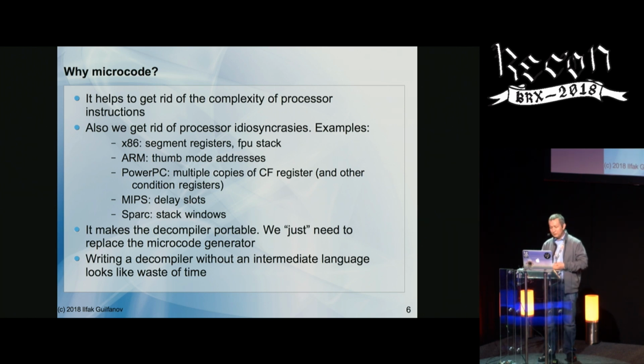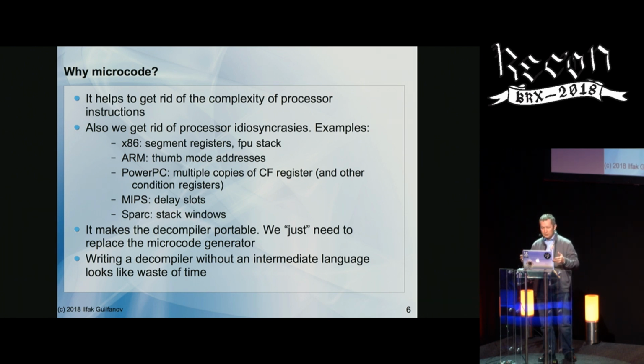ARM has Thumb mode addresses. PowerPC, by the way, is a very interesting case. We got used to having only one carry flag register, but on PowerPC there are 4 copies of the carry register and of other registers as well. And it is possible to manipulate them, to access them, and to perform Boolean operations on top of them.